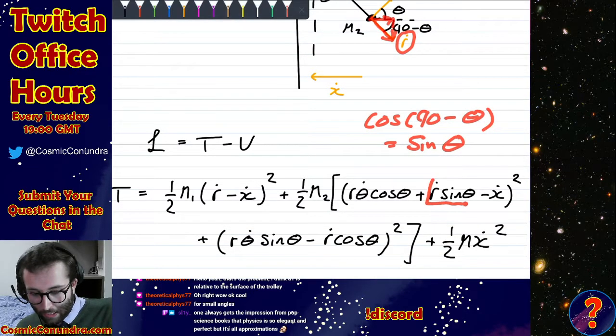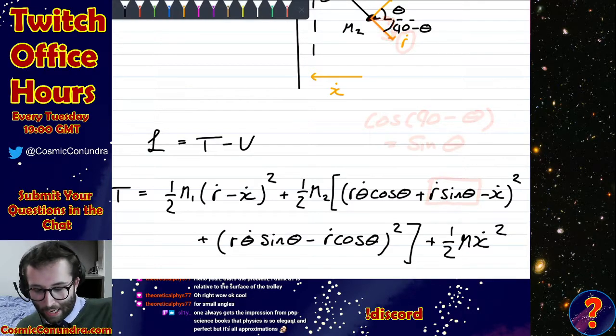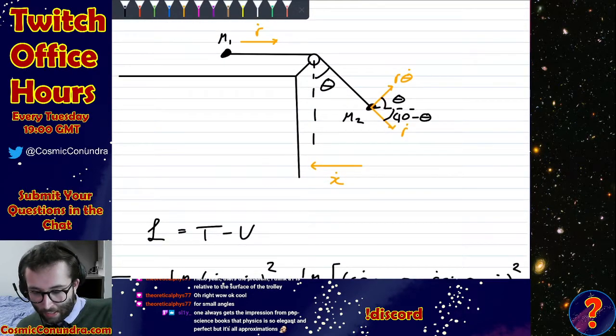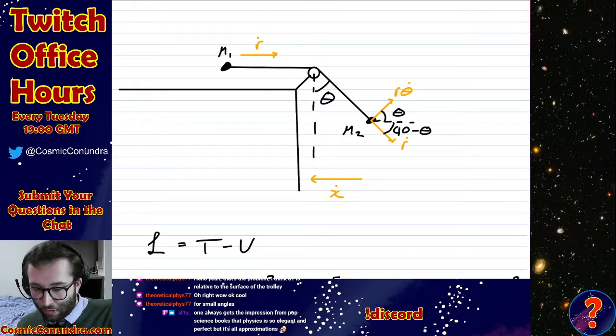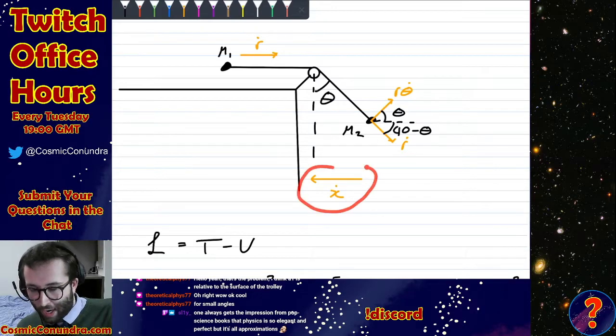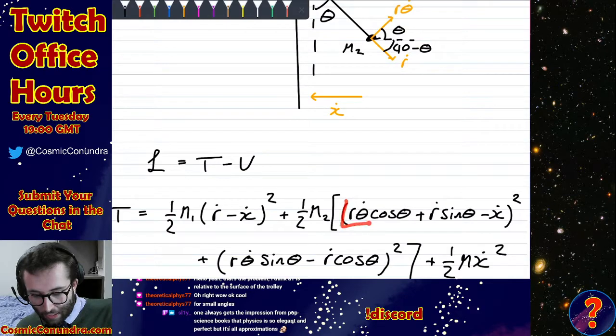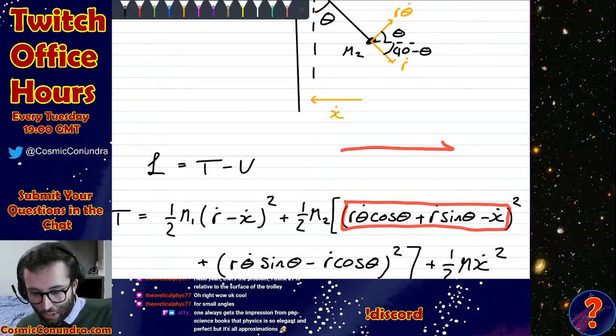So that is why this part of the horizontal speed appears like that. And then lastly, we have the horizontal speed to the left due to this entire thing moving in a leftwards direction. So we have to subtract x dot, the speed this thing is going with, to the left. So that is our horizontal velocity.